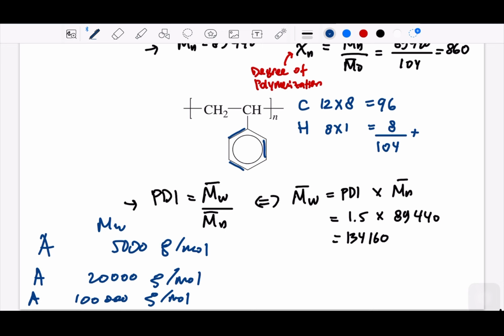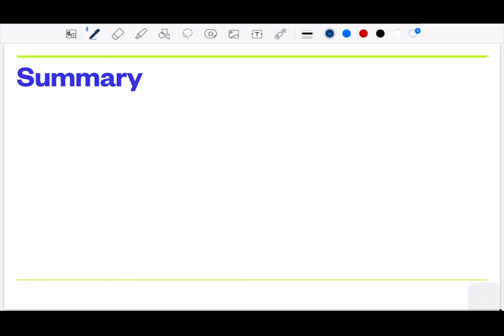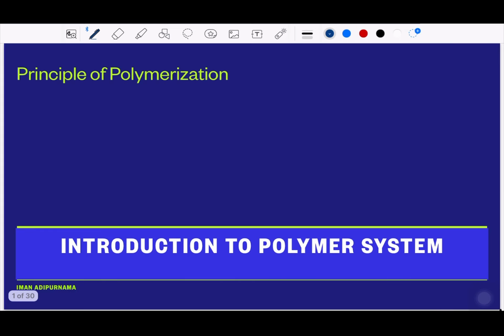Okay, now let's come back to part 2, which is the principle of polymerization. But before we go to the principle, let me clarify and confirm what we have learned so far.